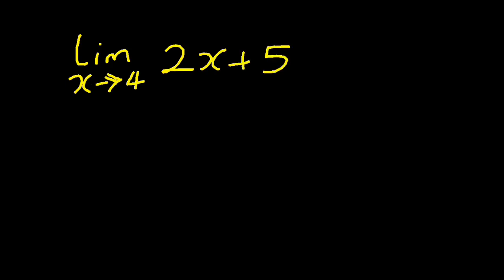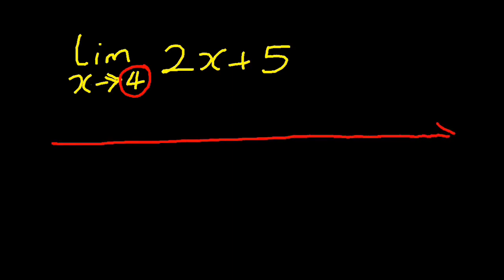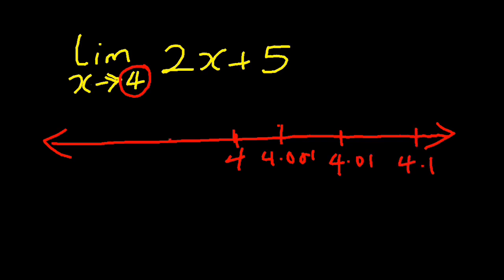The limit 2x plus 5 when x tends to 4. This means that 4 is our target, and there will be a set of values starting from 4. So we have 4. When x is increasing, we can have 4.001, 4.01, 4.1, and so on like that.